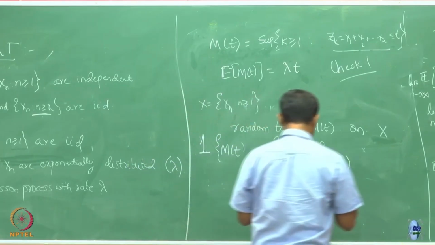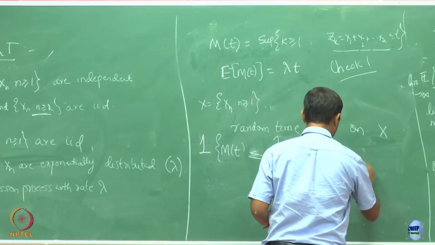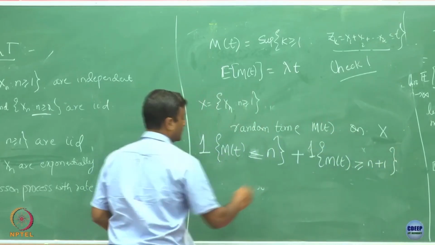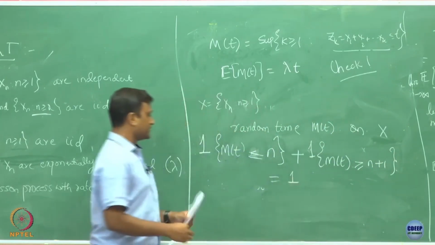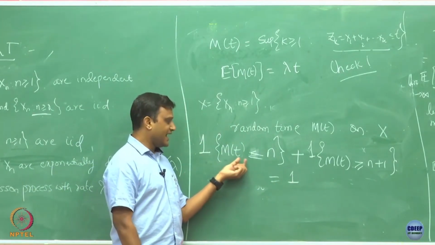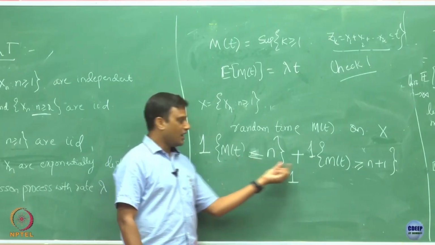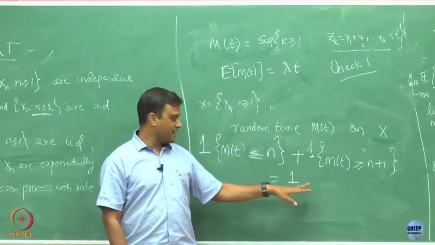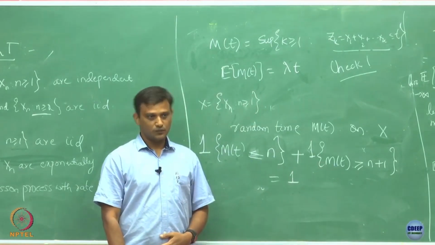Okay, what we can do is, is this correct? I am saying that at any time t, m of t has to be either less than or equal to n, or greater than or equal to n plus 1. One of these must be true, and this should be equal to 1.